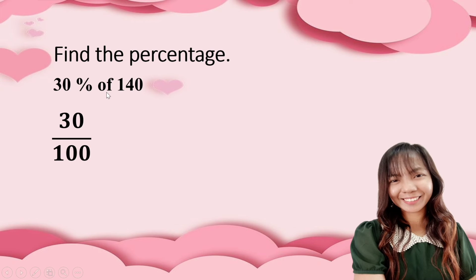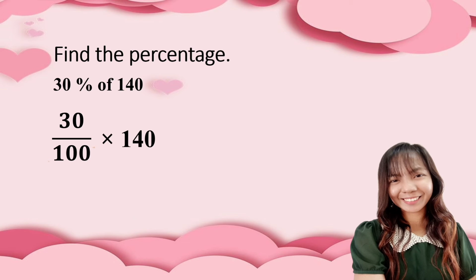And then of, so you have to multiply, and then 140. Again, convert the 30% into a fraction. So always have 100 as the denominator. So now let's solve. So 30 over 100 times 140.